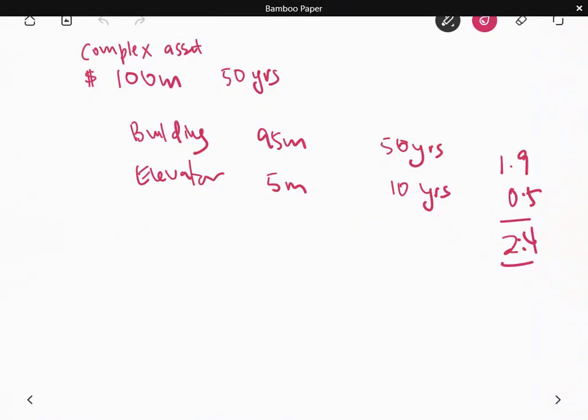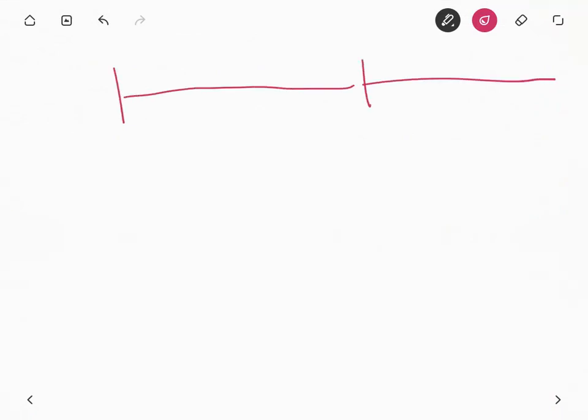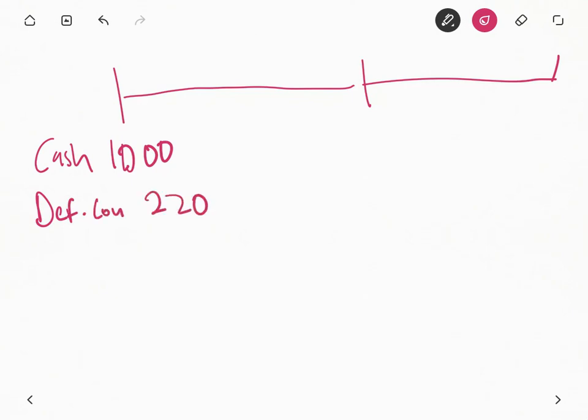Concept on deferred consideration. I acquire my subsidiary. I pay cash 1,000. Deferred consideration, I agree to pay 220. Deferred consideration 220 is here.